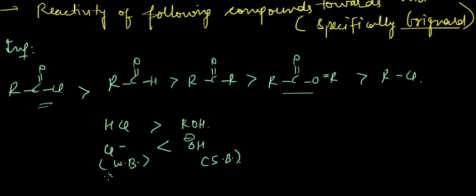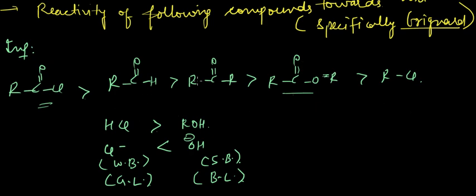A weaker base is a good leaving group, and OH minus would be a bad leaving group. So this is the reason that we get something like this.